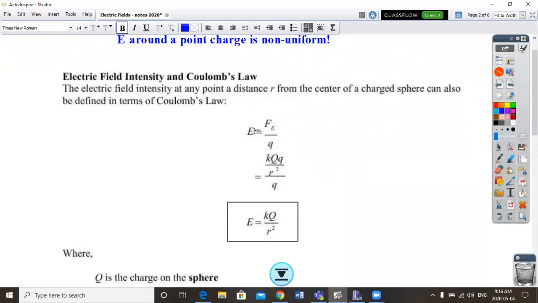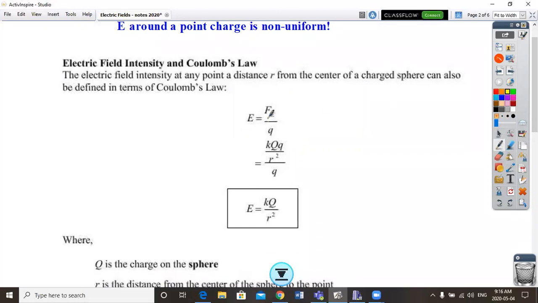So if electric field is defined as electric force over charge, and here we refer to the electric force as Coulomb's law, KQ over R squared. So we take Coulomb's law force, KQ over R squared, divided by q.